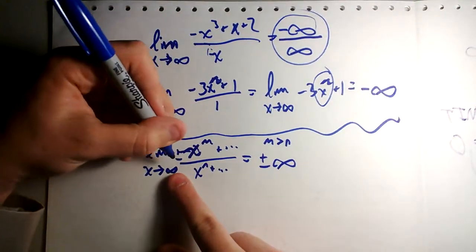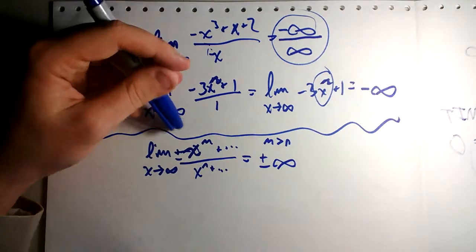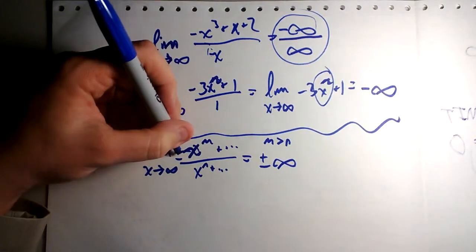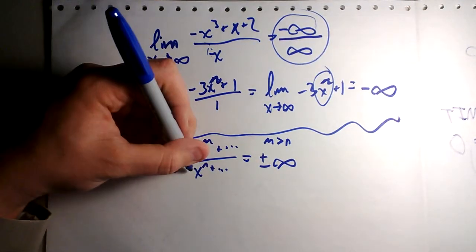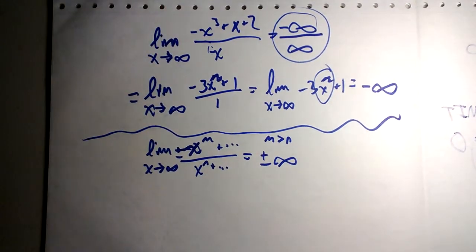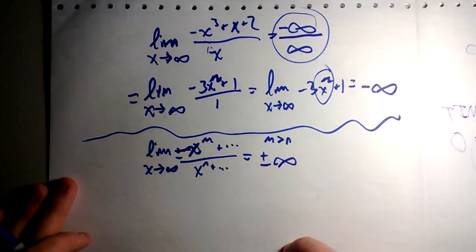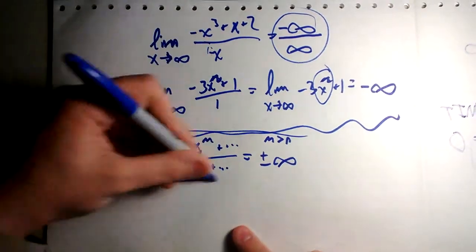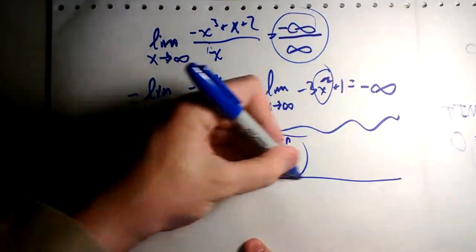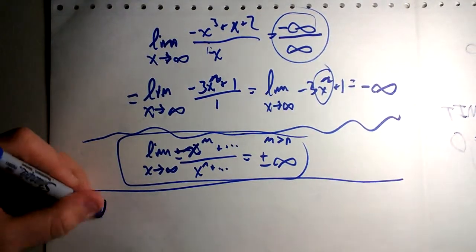We have to say that this could be positive or negative. Alright, so that's the important thing to note here. And sometimes the bottom being negative can influence this infinity being positive or negative, but that's what we care about here. Now, last case, what happens if they're equal?